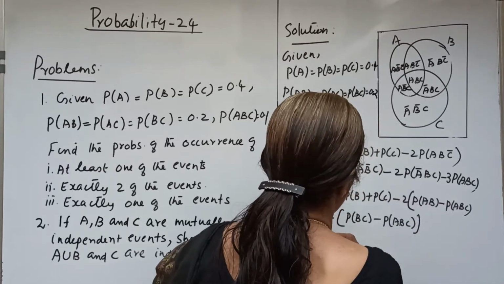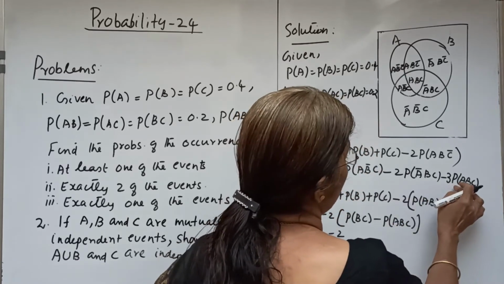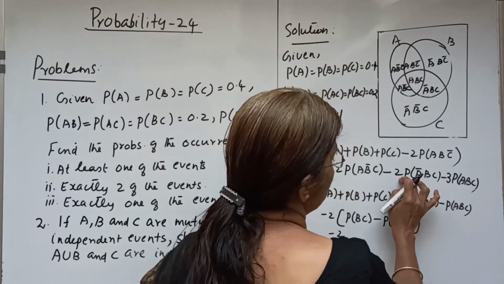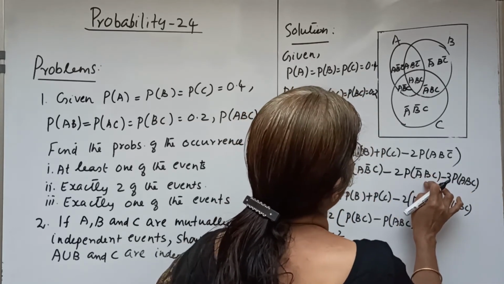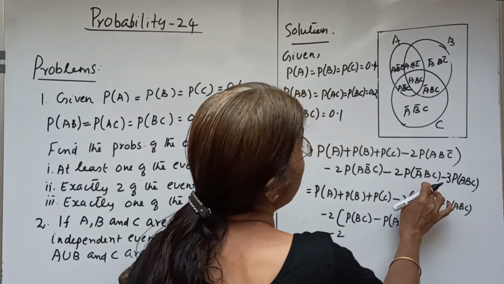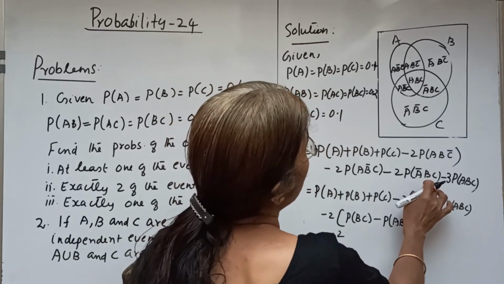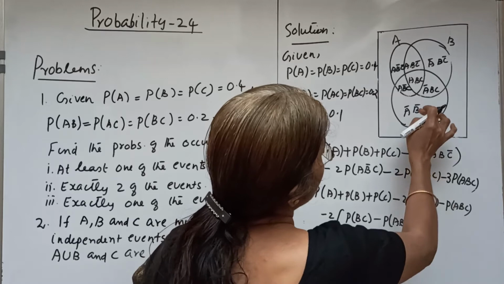Minus 2 into, now we have to obtain, what is it? Minus 2 into P of A B bar C. What is this set?